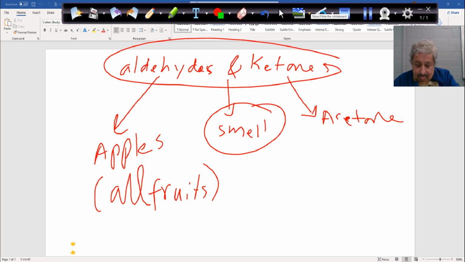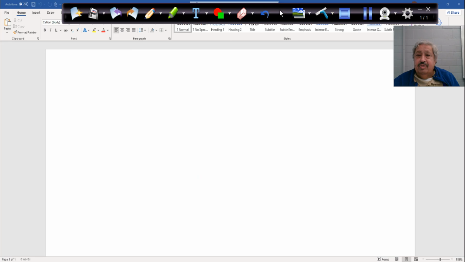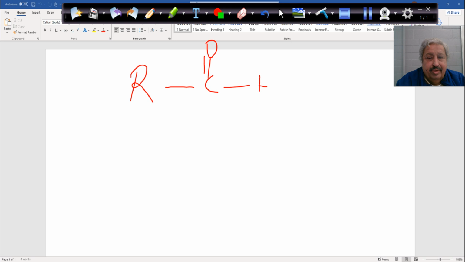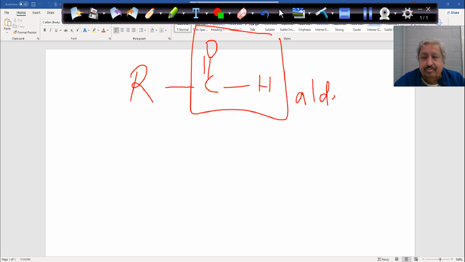So how do the functional groups look? For the aldehyde, you have R and C, H. This functional group is called an aldehyde functional group.